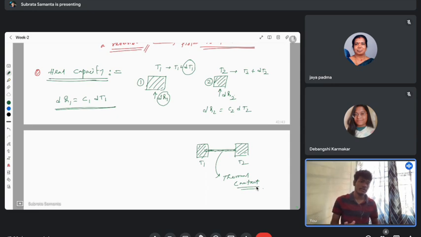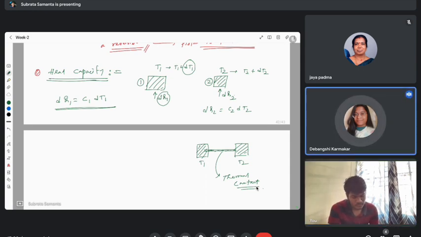Recall the thermal equilibrium situation. When the two systems are at different temperatures and we put them in thermal contact, what happens at the final step?